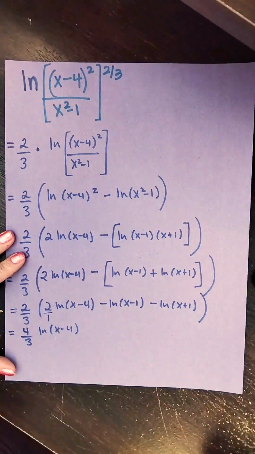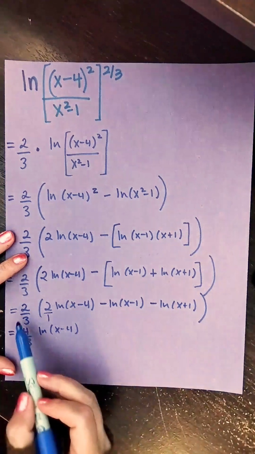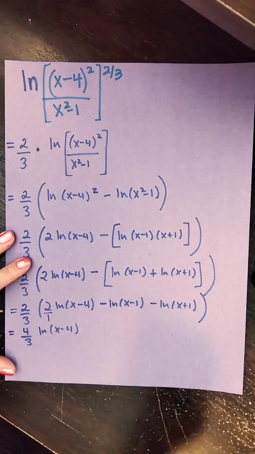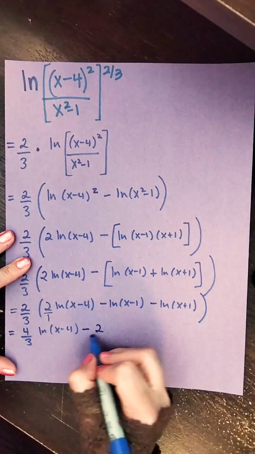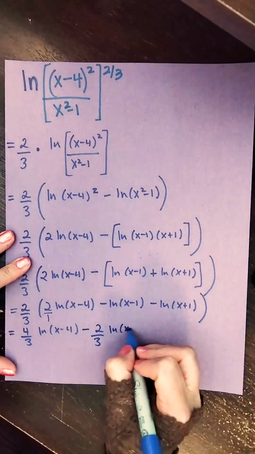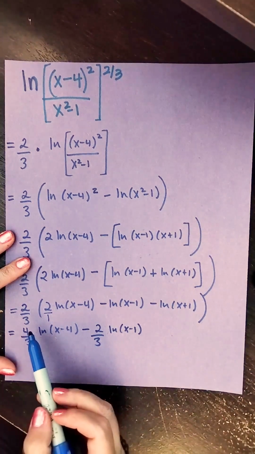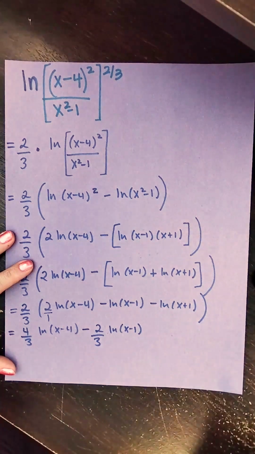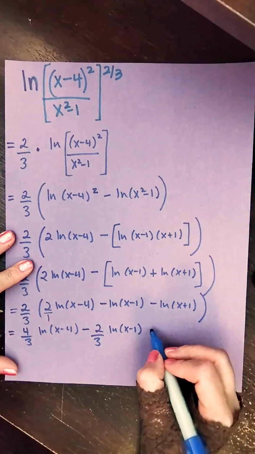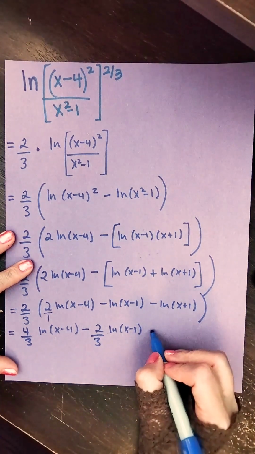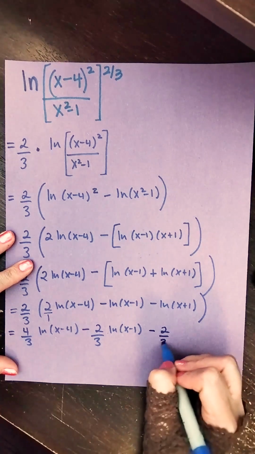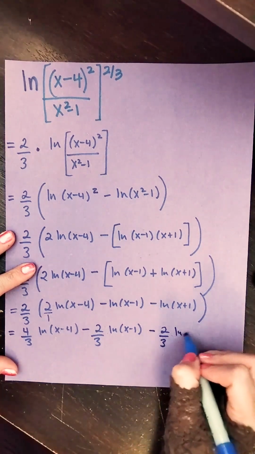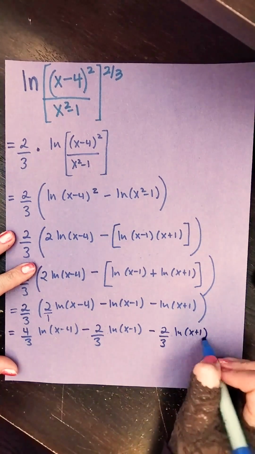So we're just multiplying two fractions. And then 2/3 times the negative natural log of x minus 1 would be negative 2/3 natural log of x minus 1. And here we have 2/3 times the negative natural log of x plus 1, which would be a negative 2/3 times the natural log of x plus 1.